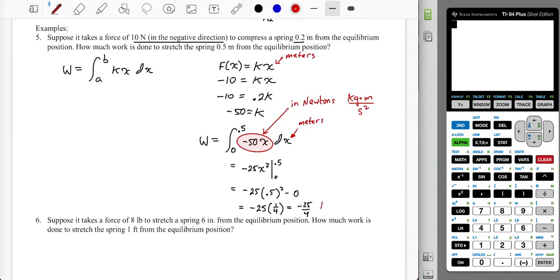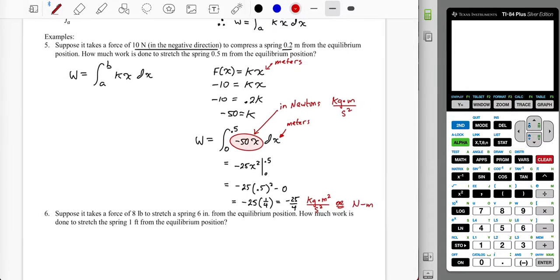So kilograms meters squared over second squared. Or we could say that they're Newton meters, newtons multiplied by meters. We can go that route as well.